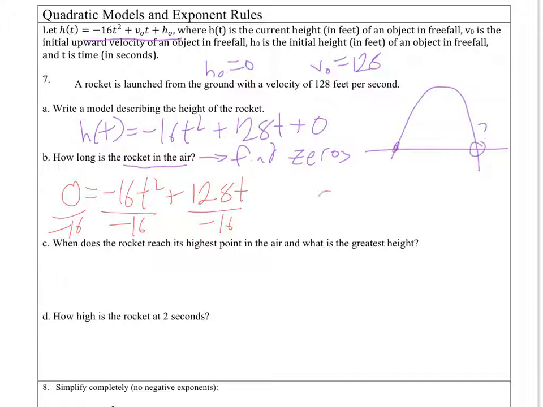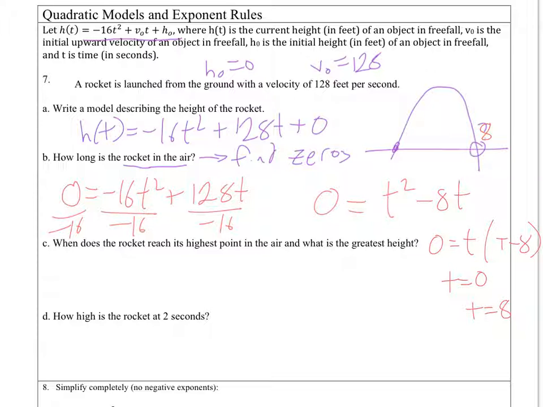And I get 0 is equal to t squared, and 128 divided by negative 16 is going to be minus 8t. Okay, this is factorable. This is going to factor a t out of each, and we get t times t minus 8. That means that time is equal to 0, or time is equal to 8 at these points.